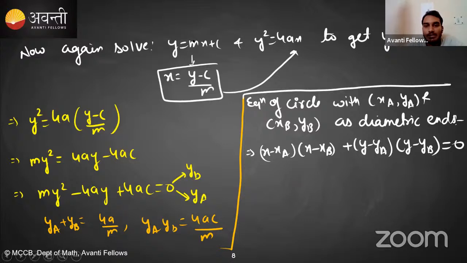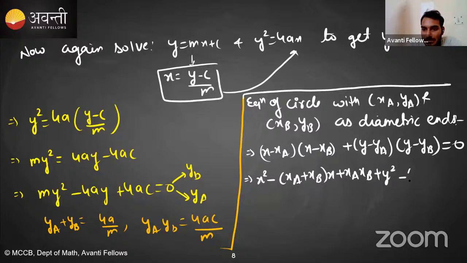Right? So it implies from here you can say that x square minus xa plus xb into x plus xa xb plus y square minus ya plus yb into y plus ya yb is nothing but 0.